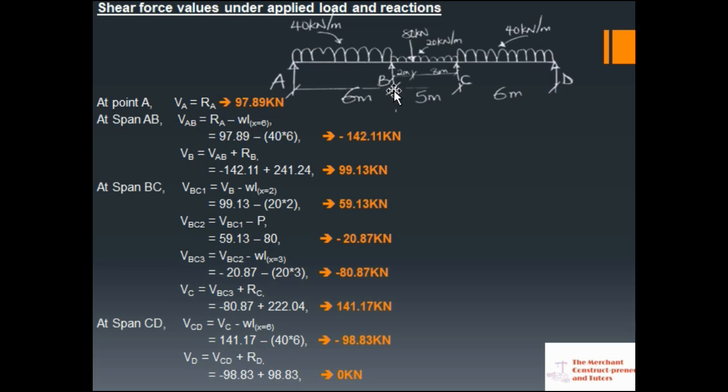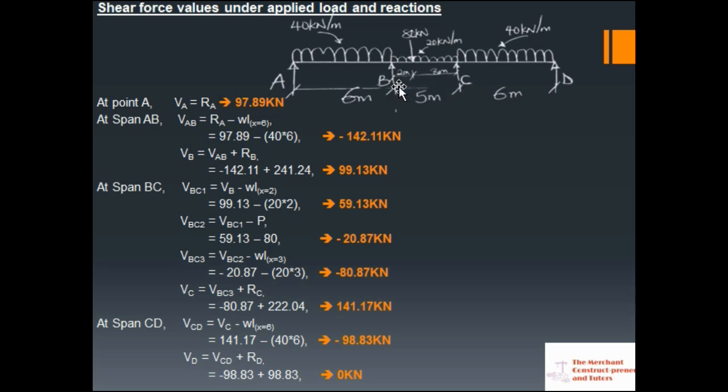Now the shear force will be this reaction plus the value for the span shear force. That is why we have VAB, this value here, VAB plus the reaction at B. So when you add it all together, I have this value 99.13 kilonewton. I don't know if you understand. So we've gotten this at point B. So we are moving forward to point C.